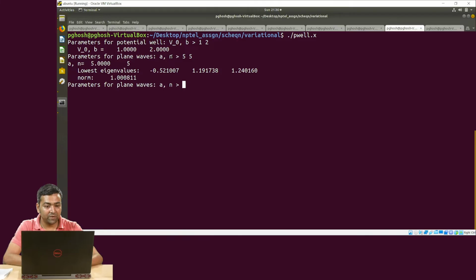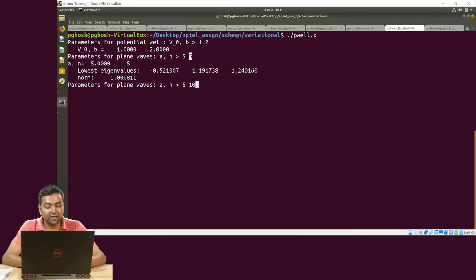Now let us see how the values of these eigenvalues change if we increase N, that is the number of plane waves. Remember, when I give an input N equals 5, the number of plane waves is actually 11. Let me keep the periodicity of my plane waves the same, but instead of 5, let me go to 10. So, N value I go to 10.